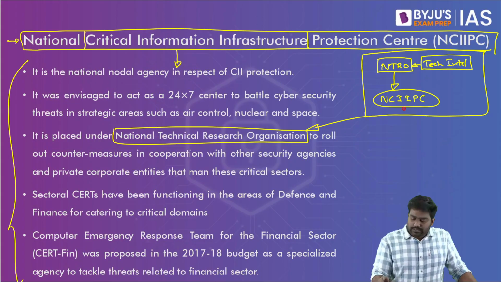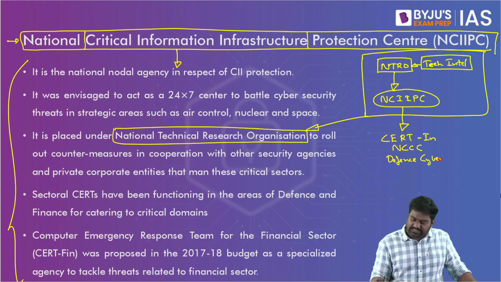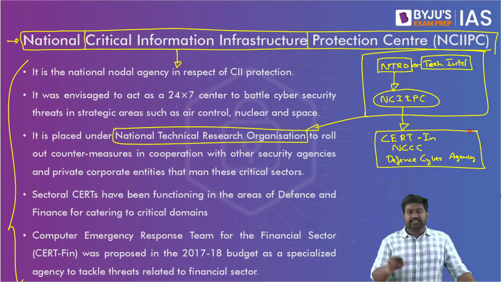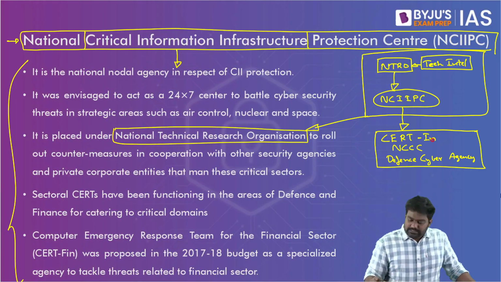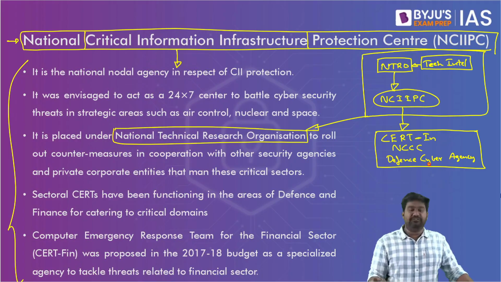Understood? It will work closely with other stakeholders like CERT-In and NCCC and the Defense Cyber Agency, which has also been established. It will work closely with all these other entities. These are the four major entities we have, the four major institutions. CERT-In we already studied. Apart from that, you have NCIIPC, NCCC, Defense Cyber Agency.